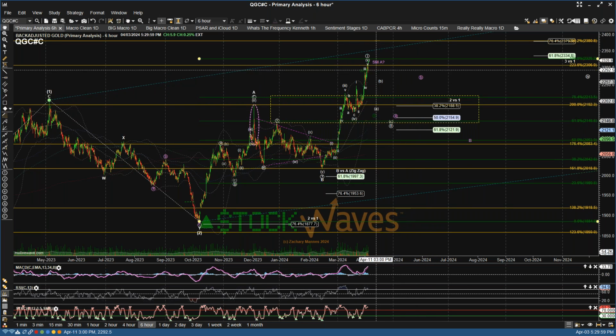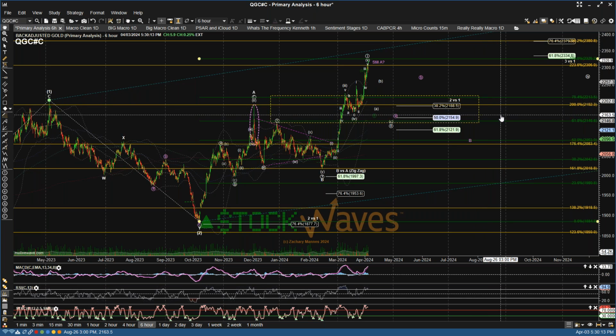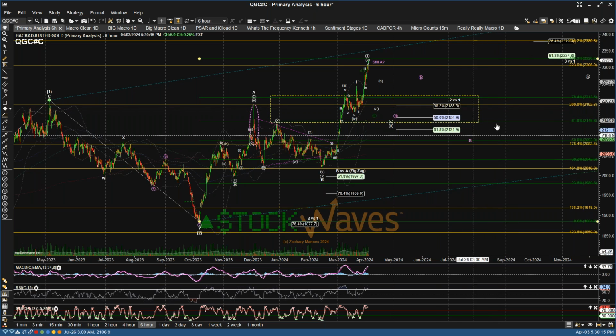So I would rather see a decent move down to maybe the 2200s, and then a bounce, a corrected bounce that takes a while to fill out for a B wave, and then another choppy move down into just under the 2180 to 2160 region would be about perfect.